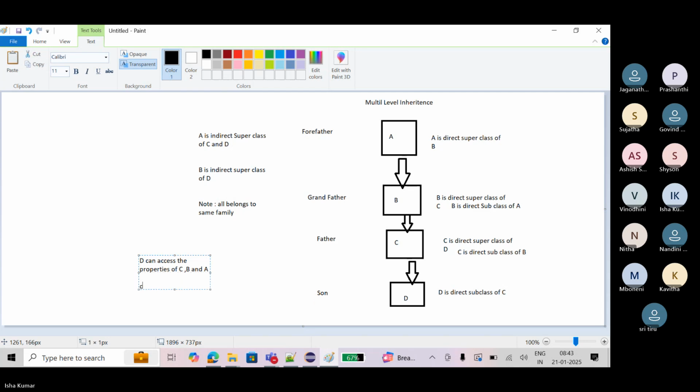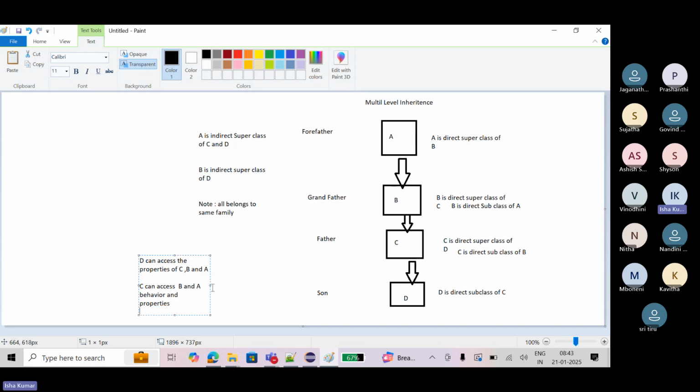Understood? C can access B and A behavior and property, right? Because for C, who are the fathers? B and A. B is a direct father, A is an indirect father.